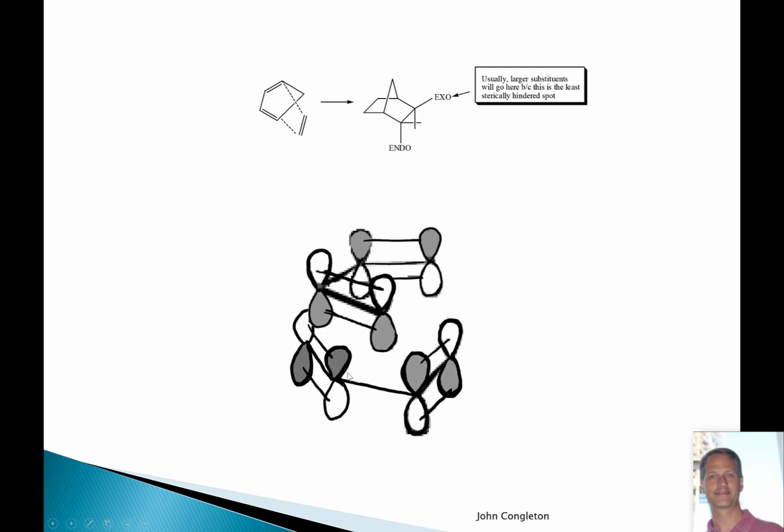And also, if this is your carbonyl, that's like a carbon-oxygen double bond. It's just a double bond, right? It doesn't really matter what it is. We get the secondary p orbital overlap here and back here. Right? So that orbital overlap lowers the transition state energy, which is why this endo position is more favored.